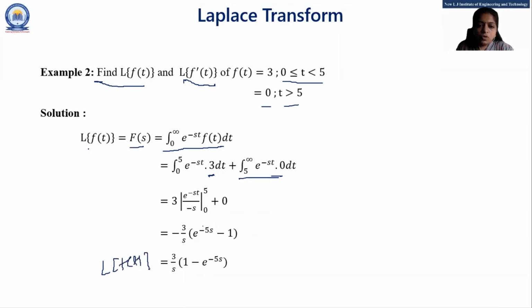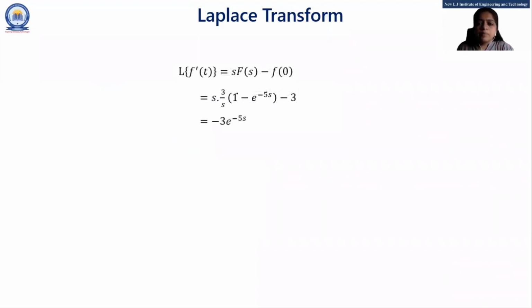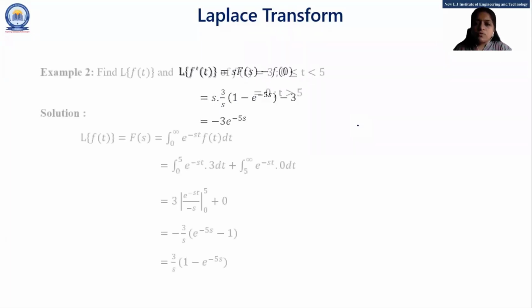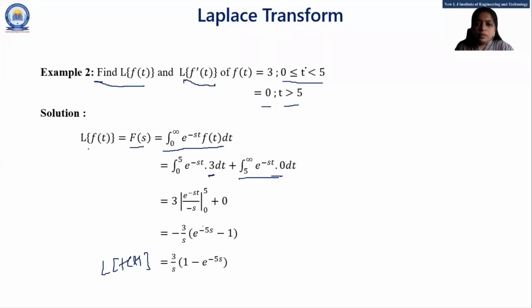But we want to find the Laplace of f dash t also, and that is s F of s minus f of 0. As F of s means the Laplace of f of t, that is 3 upon s into 1 minus e raised to minus 5s. But what about f of 0? Here, if I replace t by 0, when t equals 0, our function is 3.